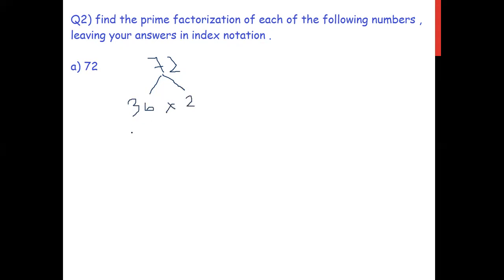Now we will divide 36 even more, as we need the factorization and we need an answer in index notation. 2 is a prime number, so it will be carried down like that. And 36 can be divided into more numbers, it is an even number and not a prime number. We will keep on dividing until we reach prime values.